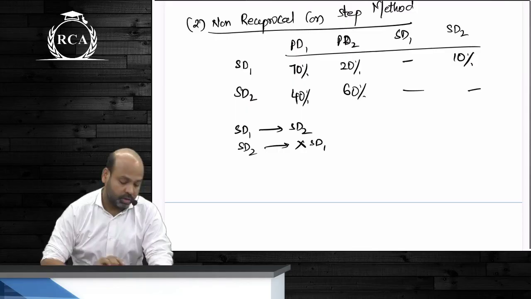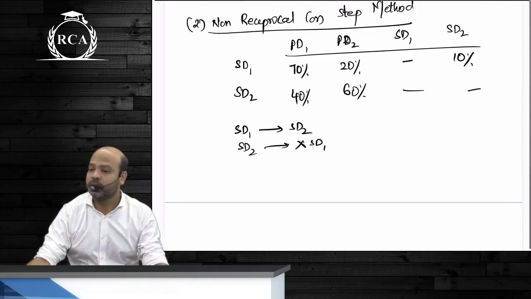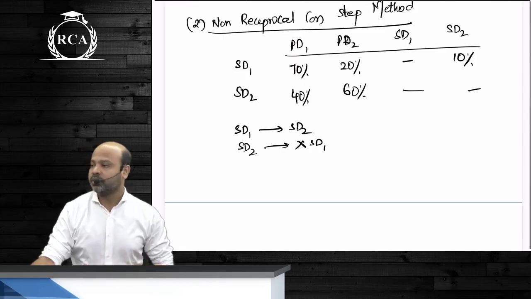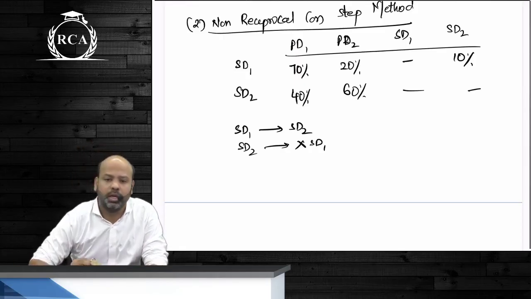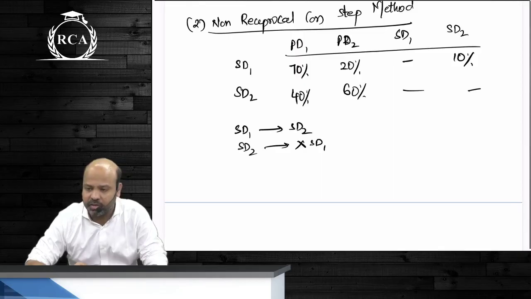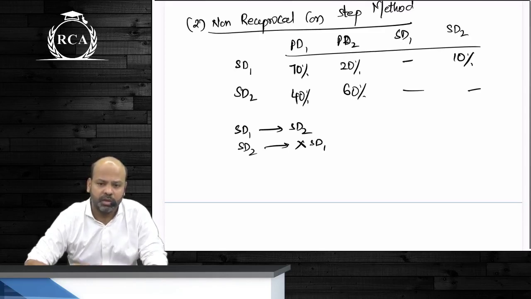Under step method, the service department that renders service to all the other service departments should be reapportioned first.